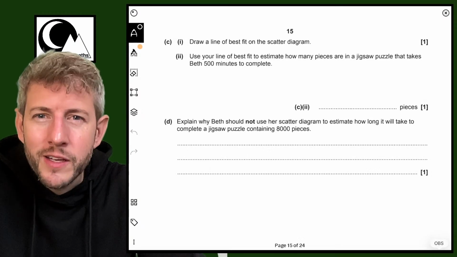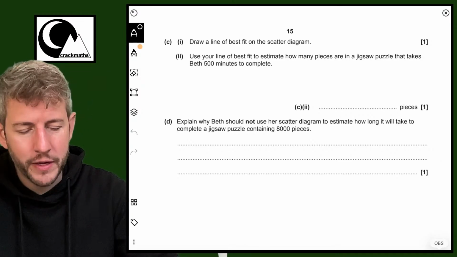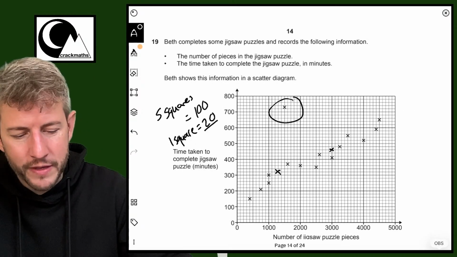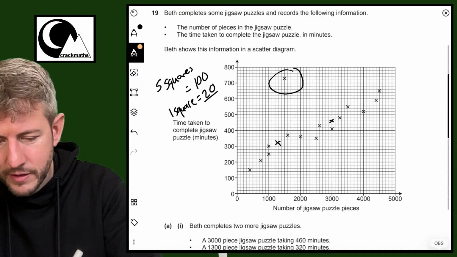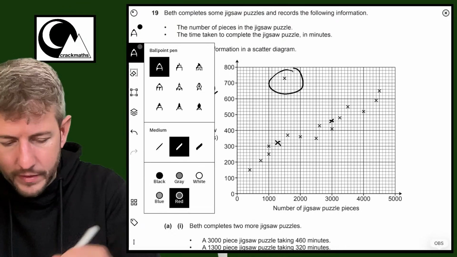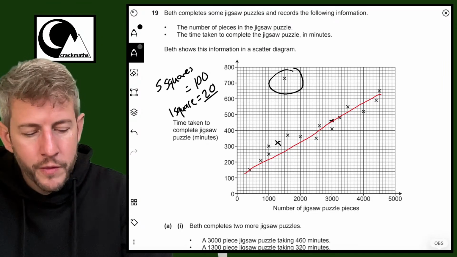So, part C. Draw the line of best fit on the diagram. Let's go back to the diagram and draw our line of best fit. I'll use a different colour for this. The line of best fit should go through the data.